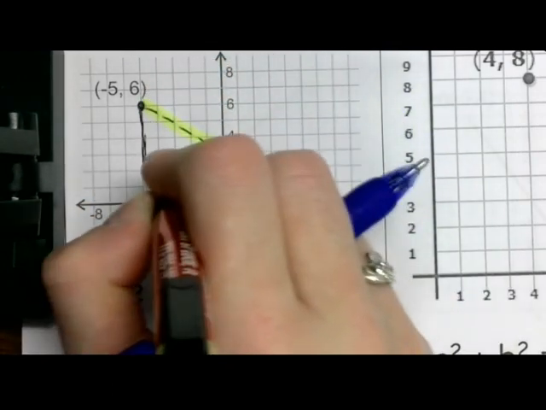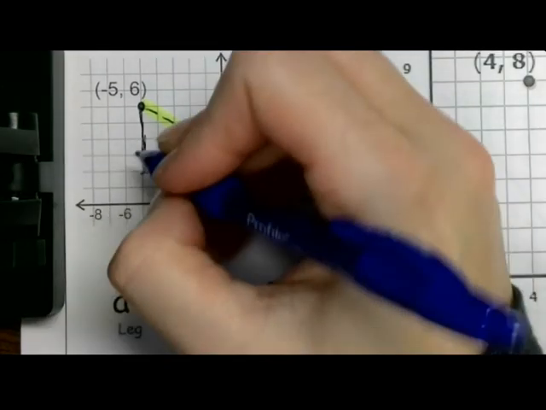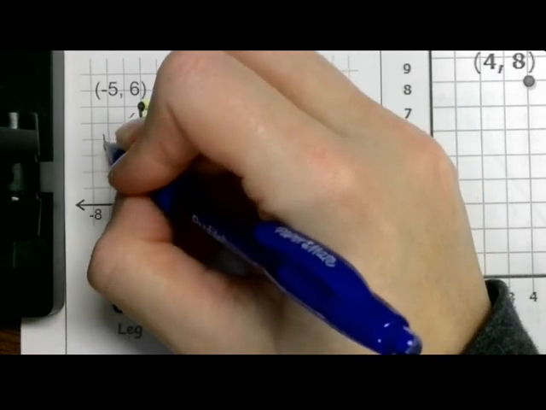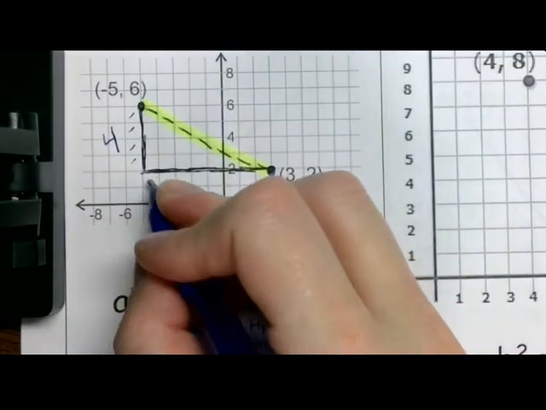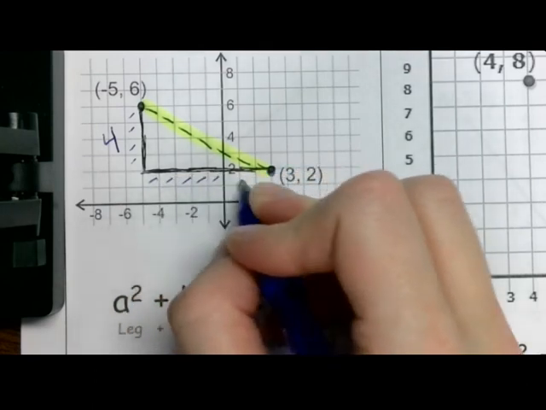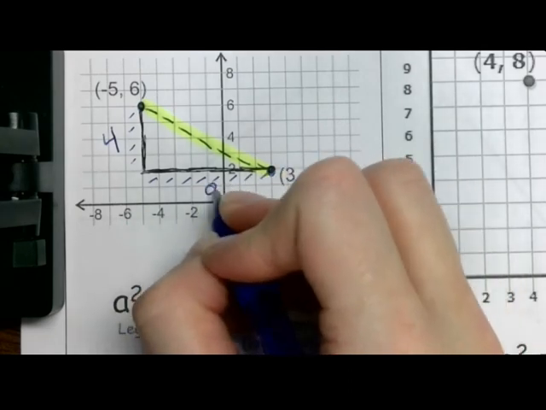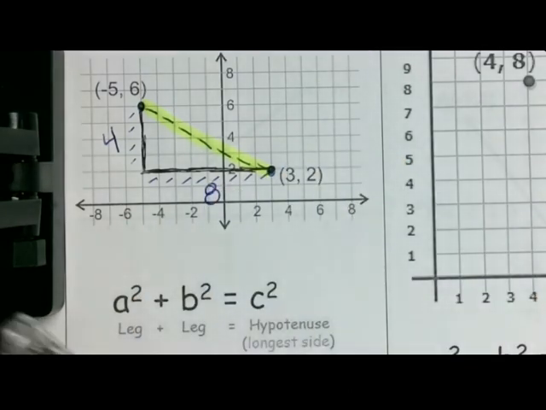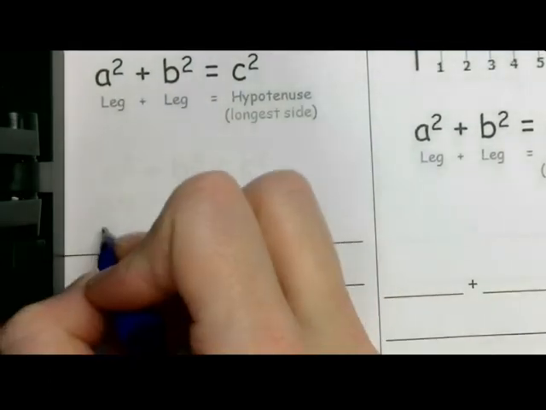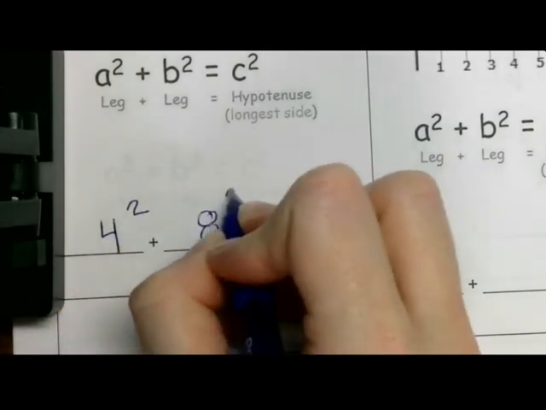So make those legs, and then we can count. 1, 2, 3, 4. 1, 2, 3, 4, 5, 6, 7, 8. So our 2 legs are 4 and 8.